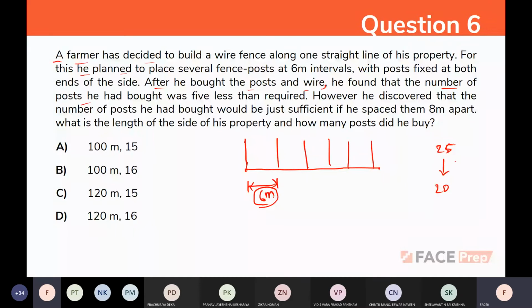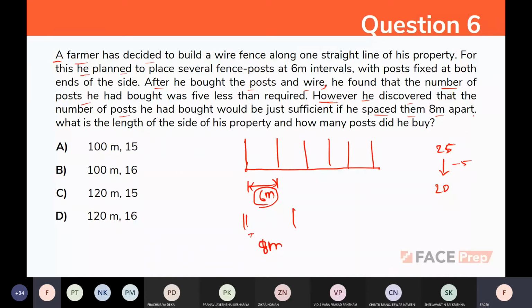However, he discovered that the number of posts he had bought would be just sufficient if he spaced them 8 meters apart. So instead of 6 meters, he is placing the posts 8 meters apart.